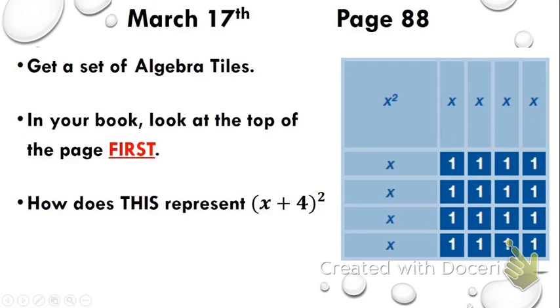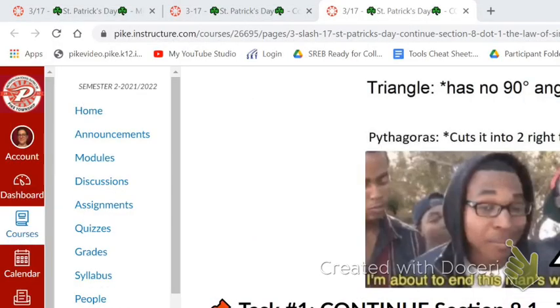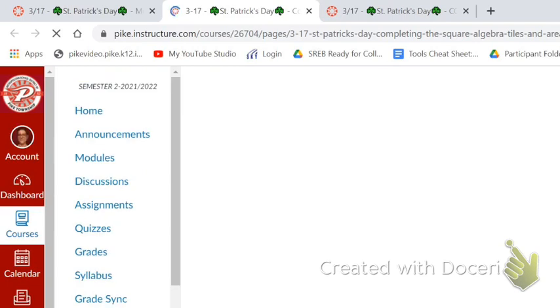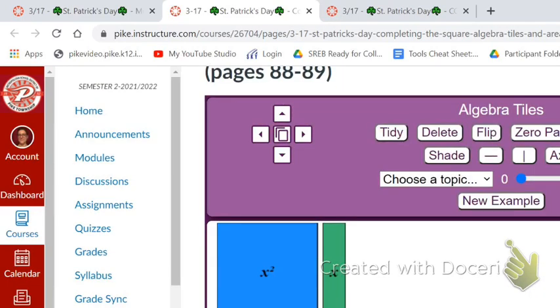So as we go through and explain how this picture is representing x plus 4 squared, let me bring up my online algebra tiles. I found all kinds of cool things last year when we were virtual. Since I couldn't give people things to manipulate, we have an online version.